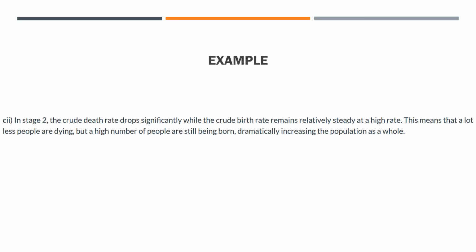In stage 2, the crude death rate drops significantly, while the crude birth rate remains relatively steady at a high rate. This means that a lot fewer people are dying, but a high number of people are still being born, dramatically increasing the population as a whole. Good answer.